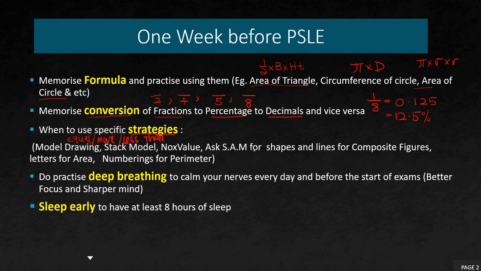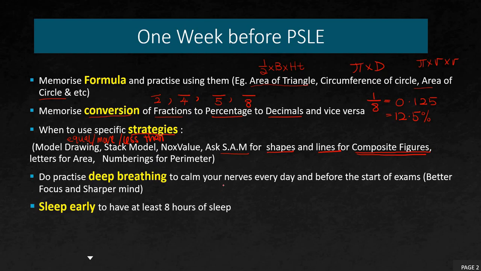Next, ask SAM for help if you have questions on area and perimeter of various shapes and lines on composite figures. SAM stands for, you should know by now if the students are with me, S stands for subtract, A for add, M for move various shapes or lines to help you get the answer that you want, to find the area or find the perimeter.